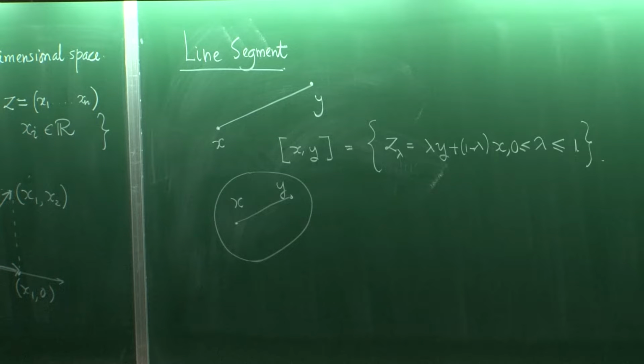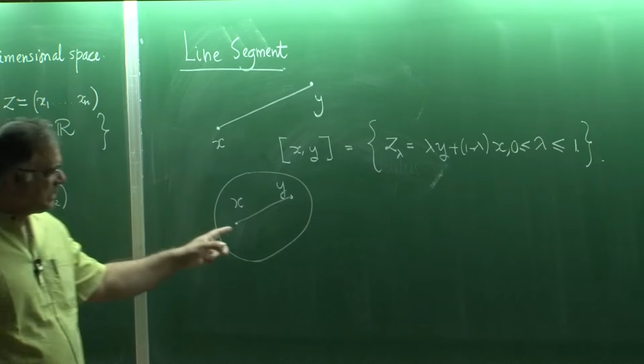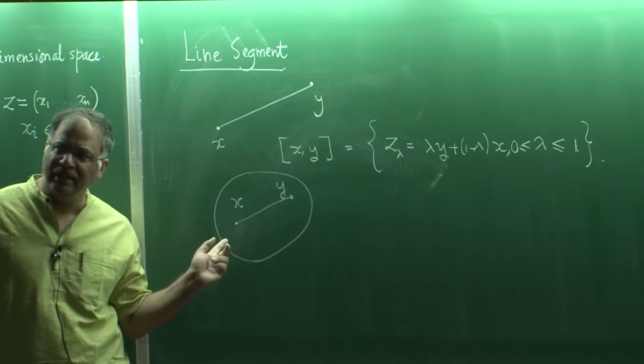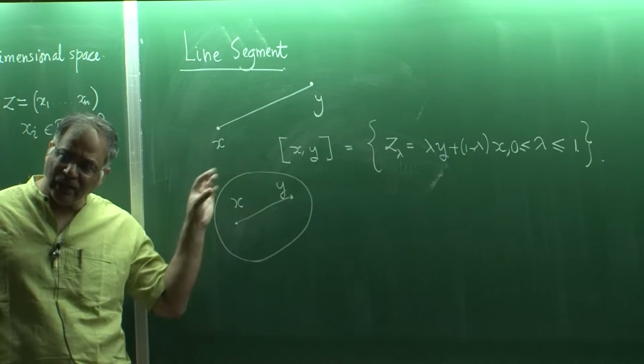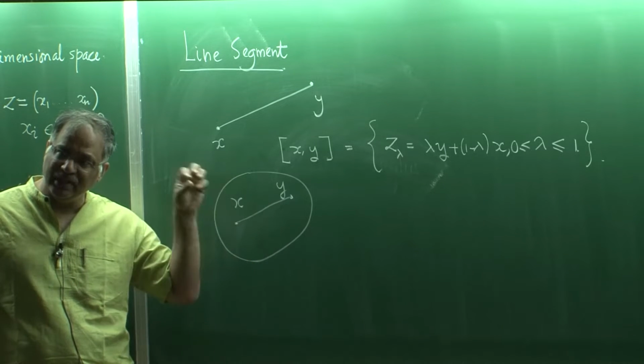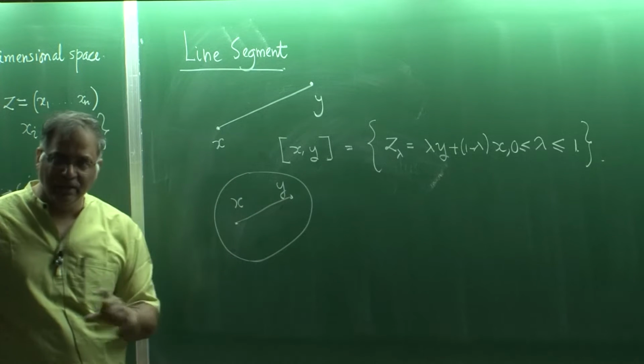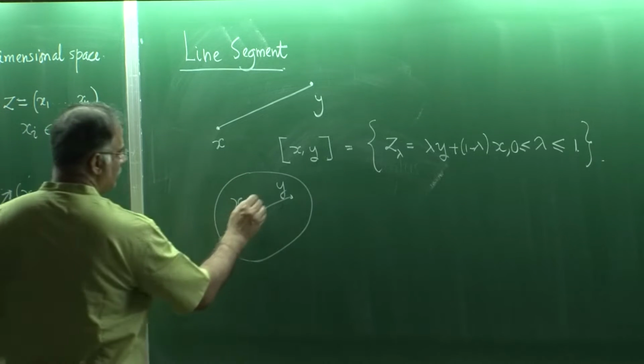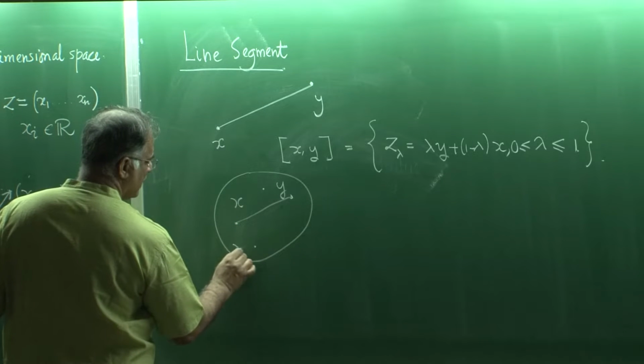So a set is called convex if I take any 2 points in the set and join them by a line segment, this whole line segment would lie inside that set. That is, this line segment itself would be a subset of this set, and that will be true for any 2 points. Does not matter if I take x dash, y dash.